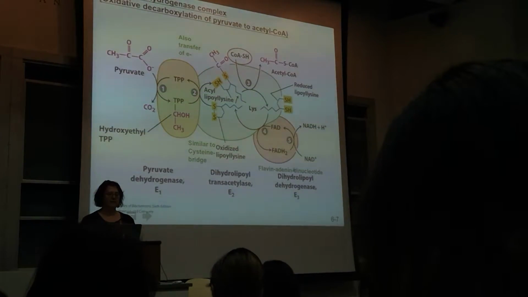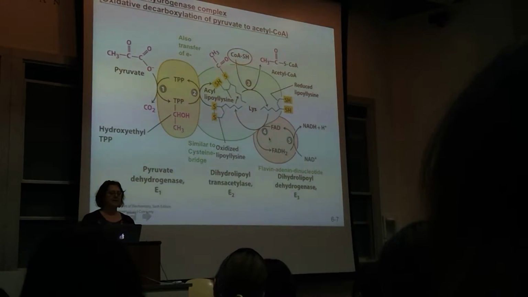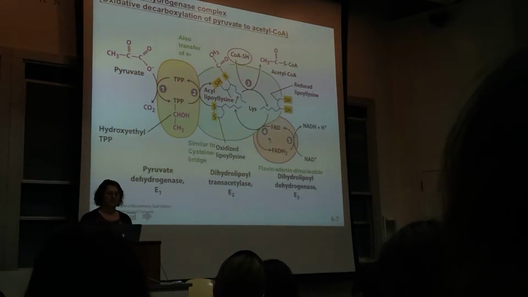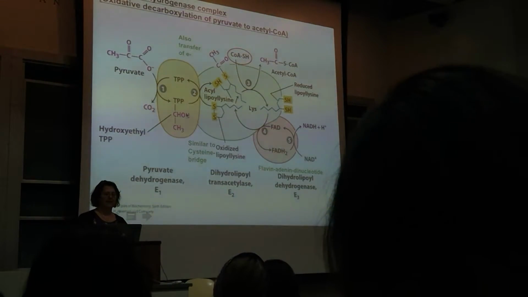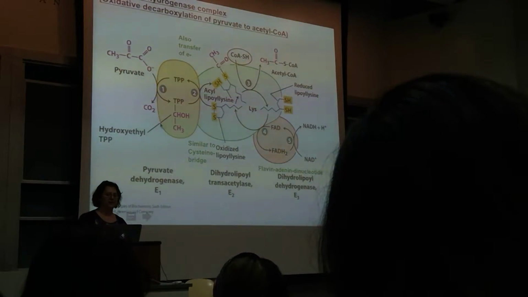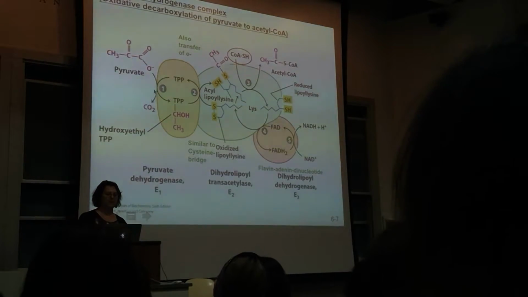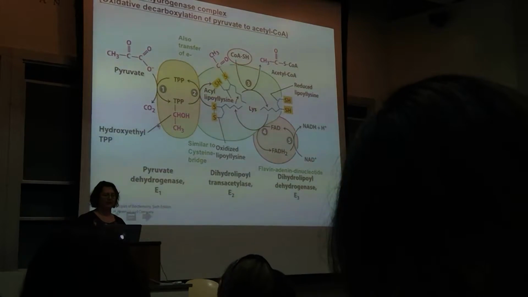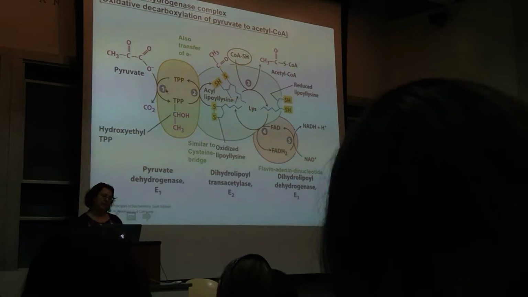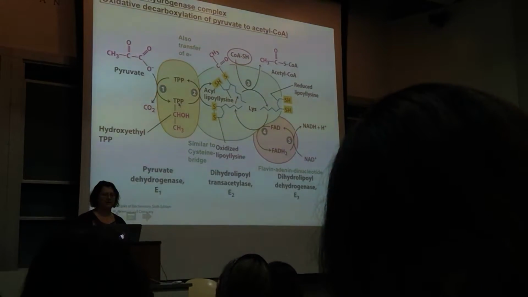Again, this picture is in your book. You don't need to know the details of every part of this, but I want to discuss it briefly. So the 3 subunits are colored. Yellow for the pyruvate dehydrogenase. So here, the CO2 is coming off the pyruvate, and you're having this group attached to the TPP cofactor.